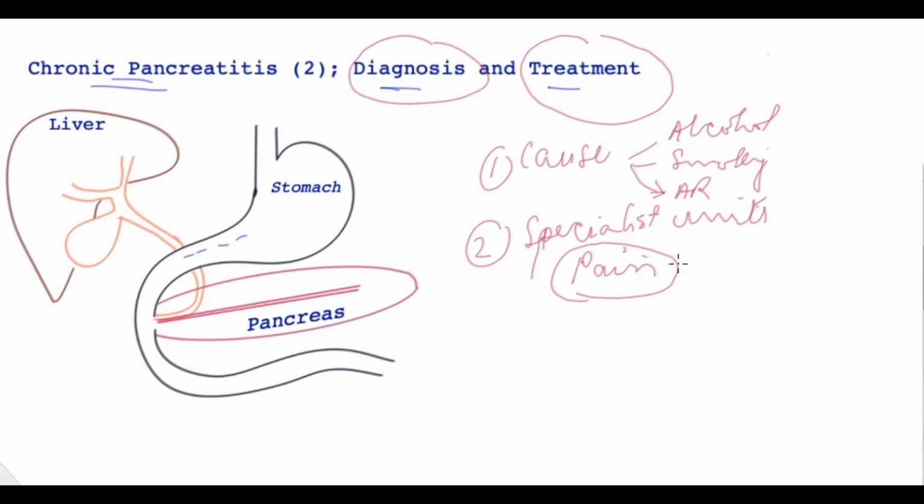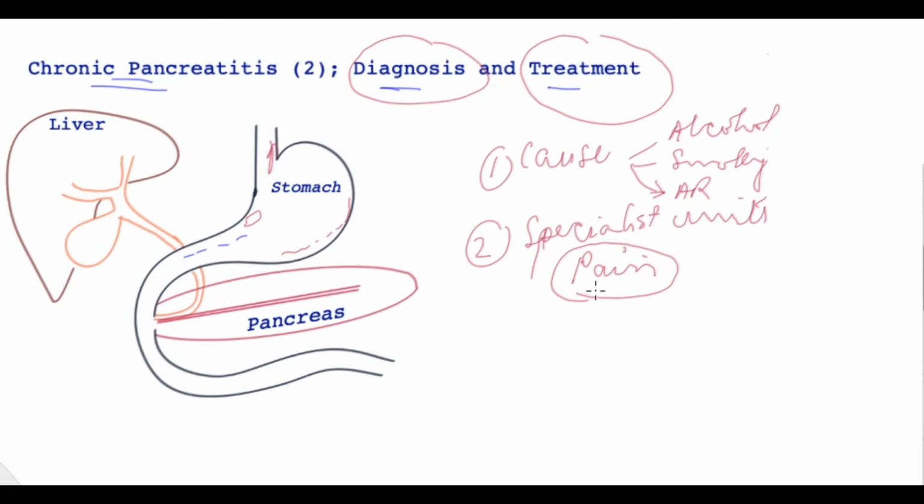Before we start treatment for pain, we need to make sure that the patient doesn't suffer with other conditions which are common alongside pancreatitis, such as a gastric ulcer or gastritis or reflux, gallstones, cardiac conditions, and so on, which may be mistaken with pain secondary to chronic pancreatitis.